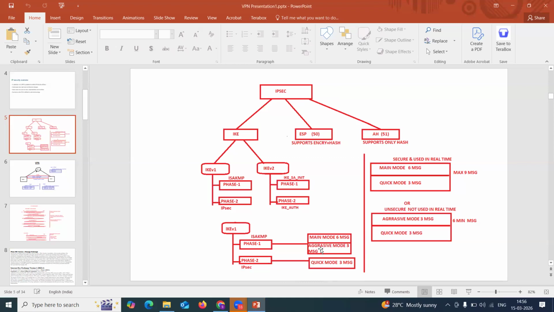From phase one, if I take aggressive mode, it's three messages, and for phase two I don't have a choice. It's only one mode, called quick mode. So phase one has main mode and phase two has quick mode. This is one combination. Again, I can have aggressive mode and quick mode with six message exchanges. That's the second combination.